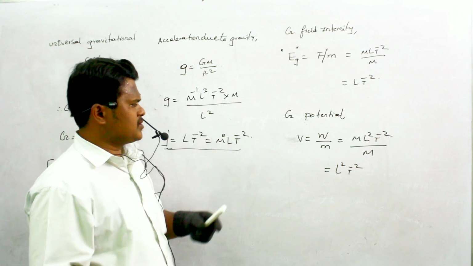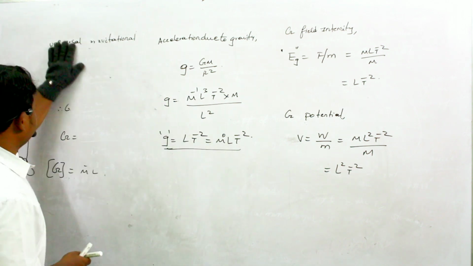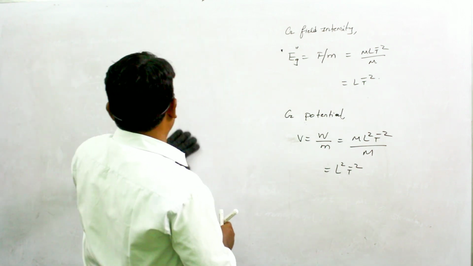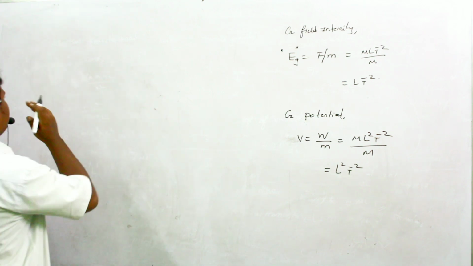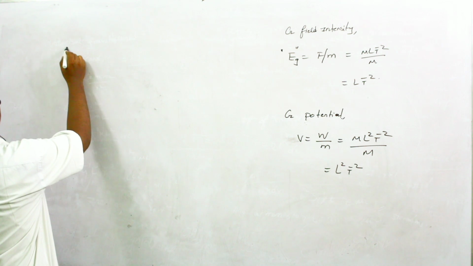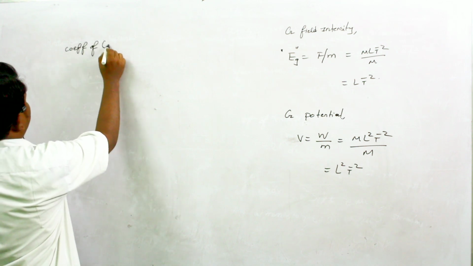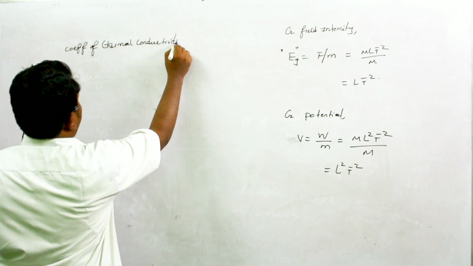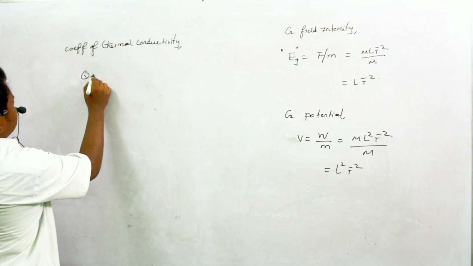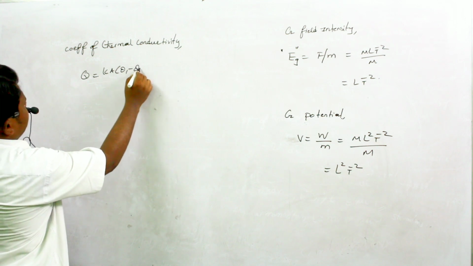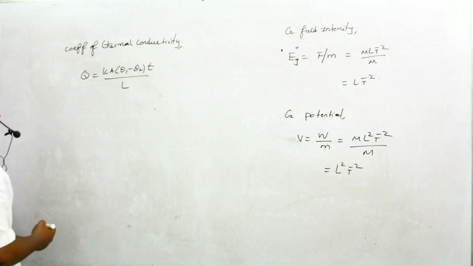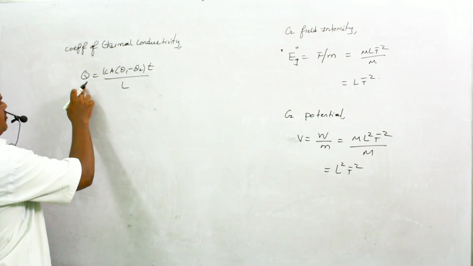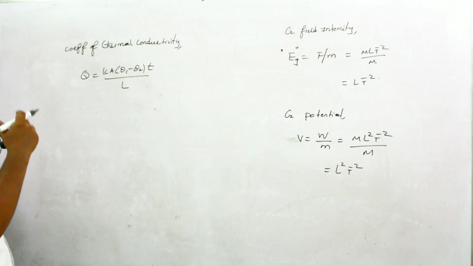Similarly, let us see some of the dimensions in the heat topic. If I study the coefficient of thermal conductivity, then I can write Q equals KA(θ1 − θ2)T divided by L. So this is the formula of the coefficient of thermal conductivity, where Q is the amount of heat energy traveling from one phase of the body to another phase.